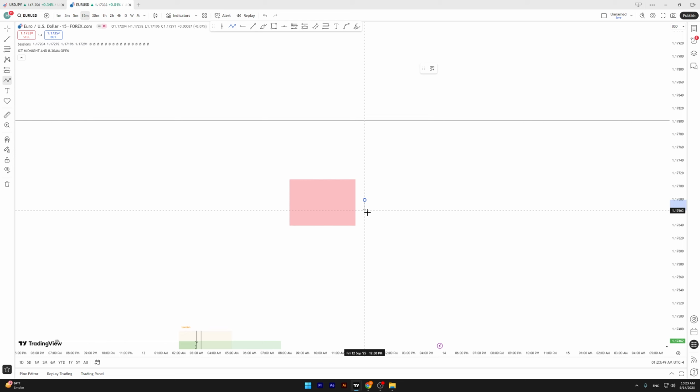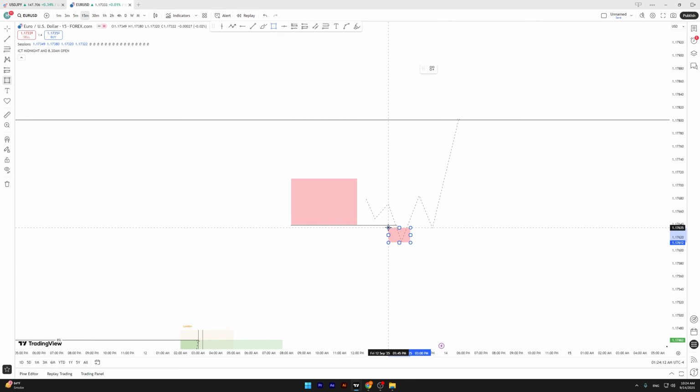Basically let's say this is the midnight open, and then I will wait for a price to trade below the midnight open and take out the Asian low, and then give me a clear CISD with FEG, and then I will target the high. So let's say price takes out this Asian low before the London or in the London session.